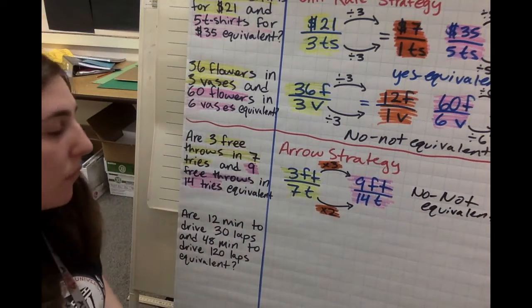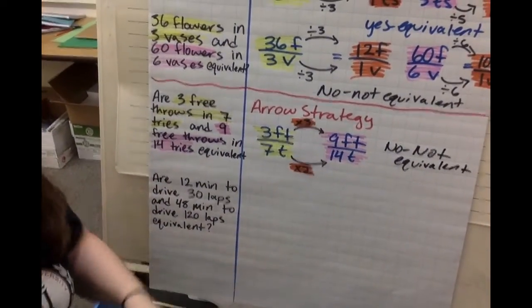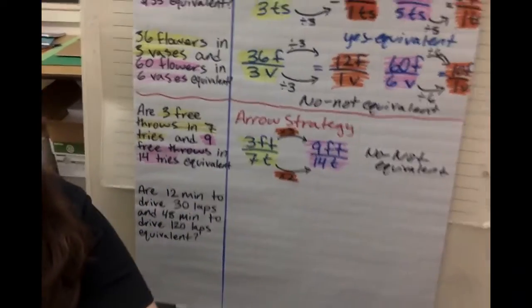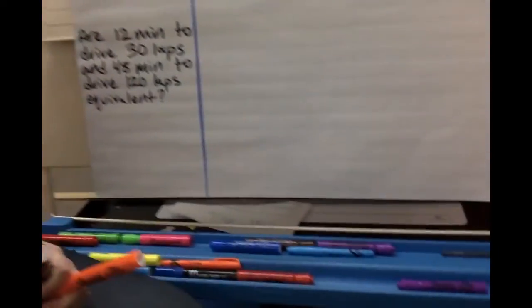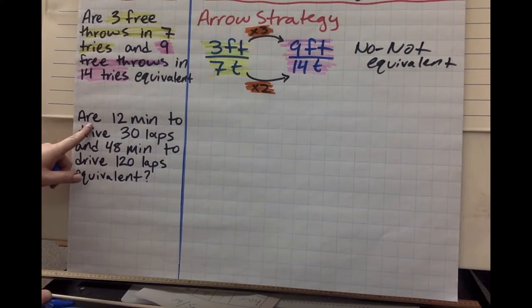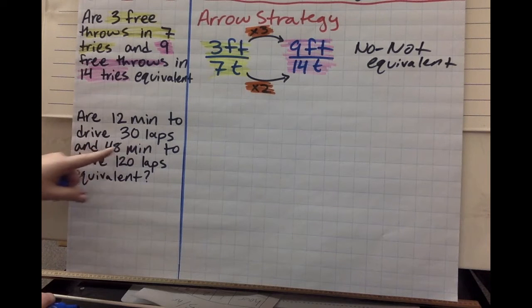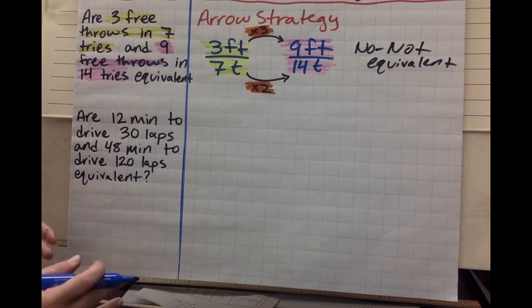Okay. Let's do this one down here. Let me just move the computer. So my next situation: are 12 minutes to drive 30 laps and 48 minutes to drive 120 laps equivalent? Let's break it down into the two different rates.